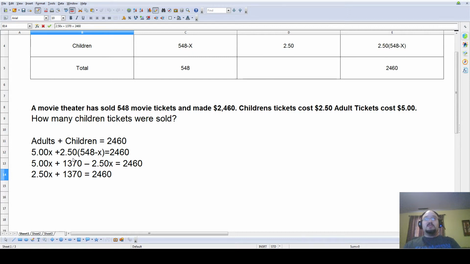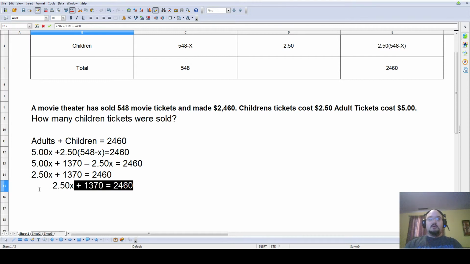I didn't do anything with this number, so I just brought it right back down. We're trying to stay as organized as possible. Now I'm going to bring this to the other side, and so that means I'm going to subtract 1,370 from 2,460, and I'm going to do that on my calculator over here. I'm going to get 1,090, and so I'm just going to bring this down again. $2.50 x.